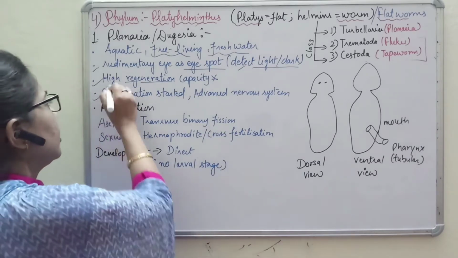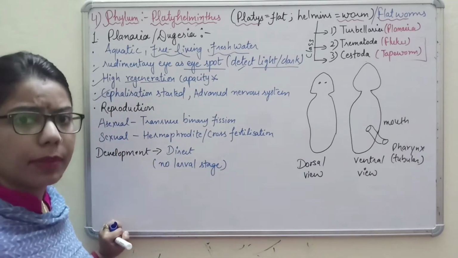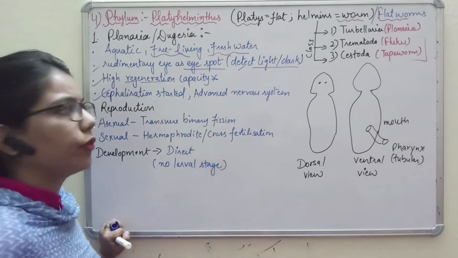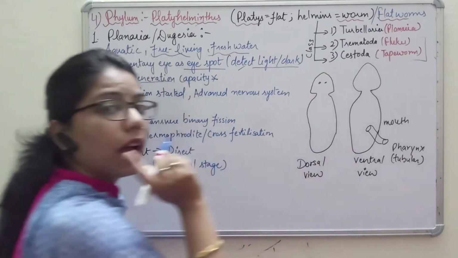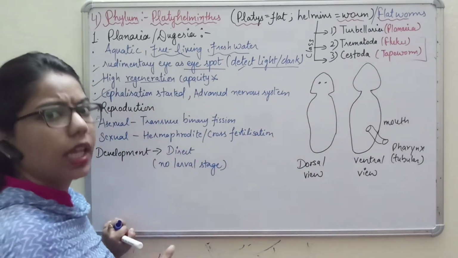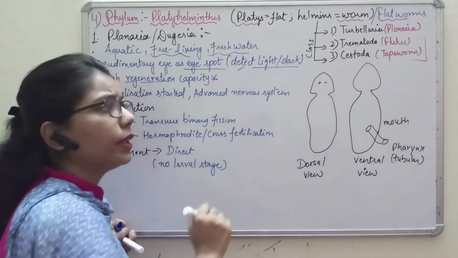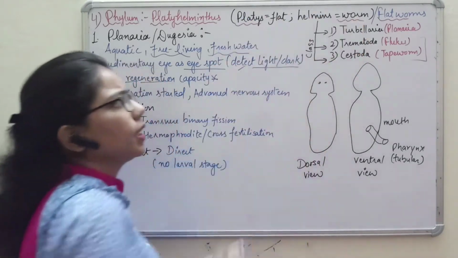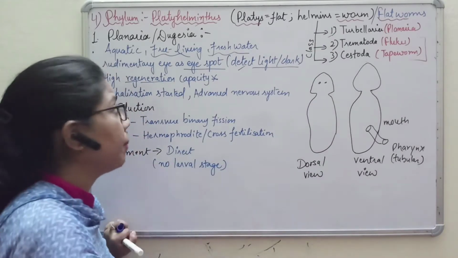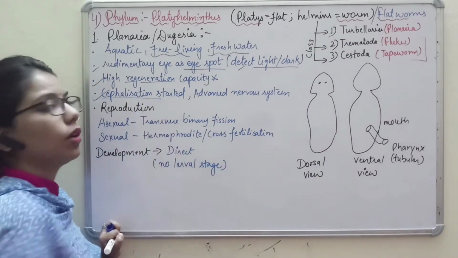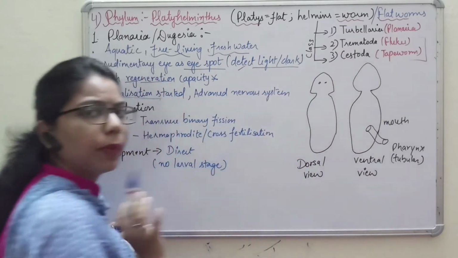Another important thing, cephalization has started from here. We said that these Planarians are the primitive ones. ठीक है, Platyhelminthes में कौन सी क्लास पहले आई, this Turbellaria. Planaria पहले आए. तो cephalization कहाँ स्टार्ट हुआ, from here in the Planaria.